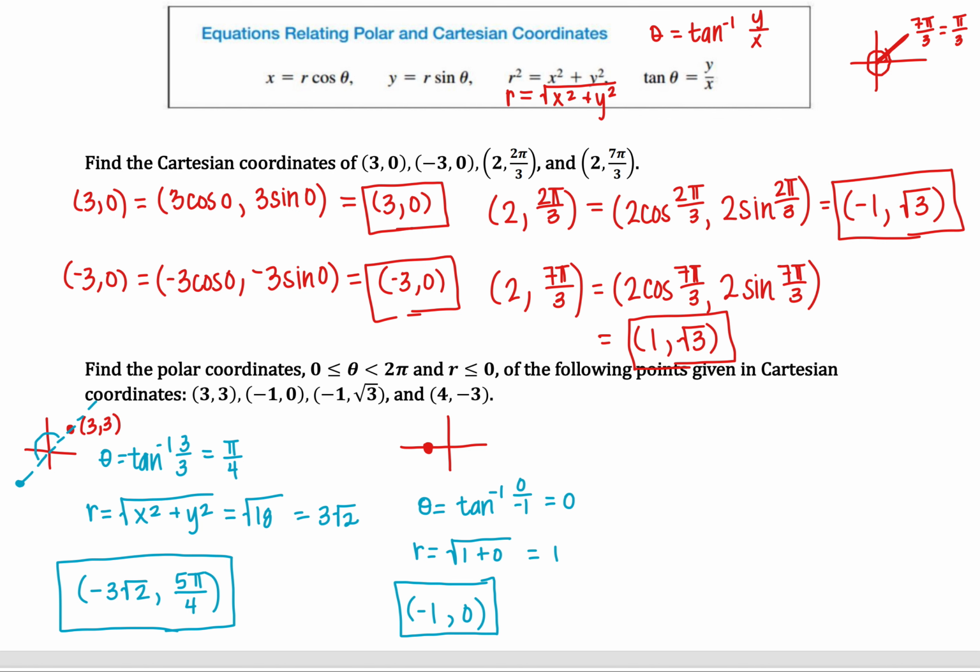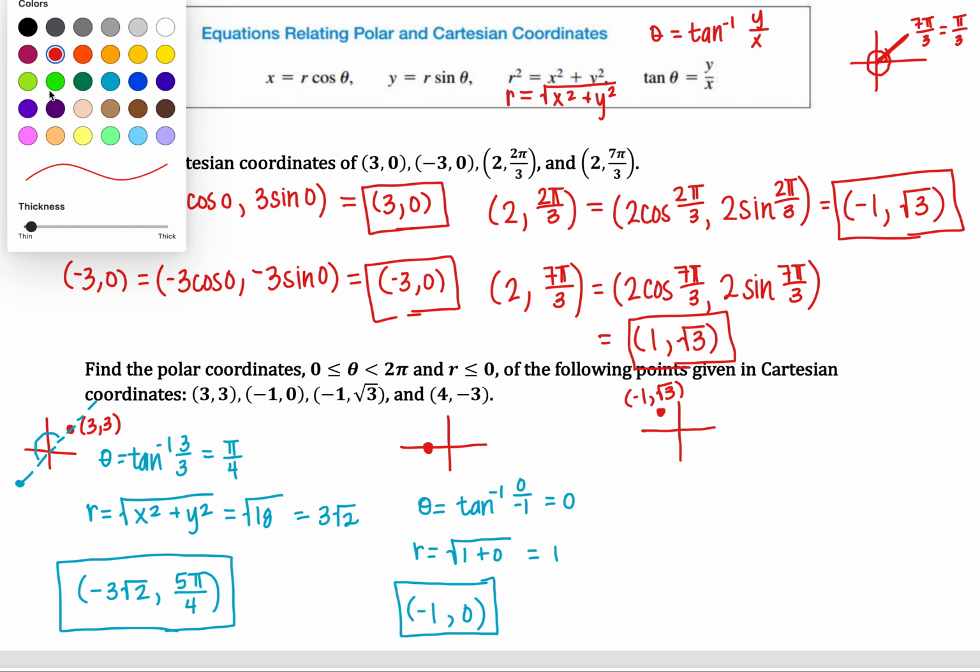The third one, we have the Cartesian point, negative 1, square root of 3. So we're going to be up here, roughly. And we need to find theta and r one more time.